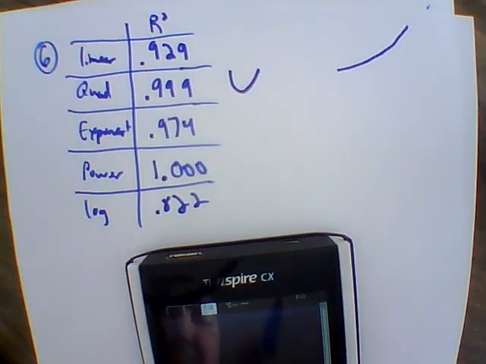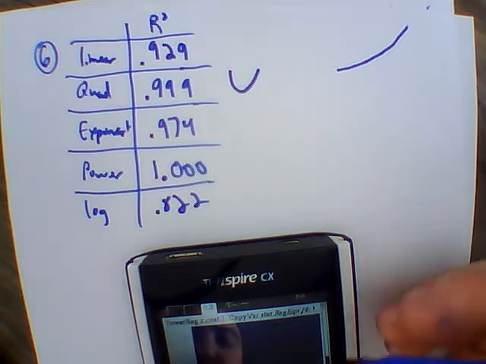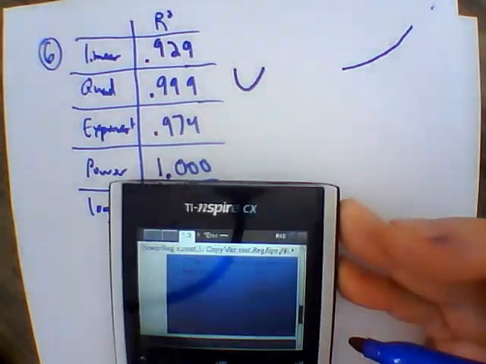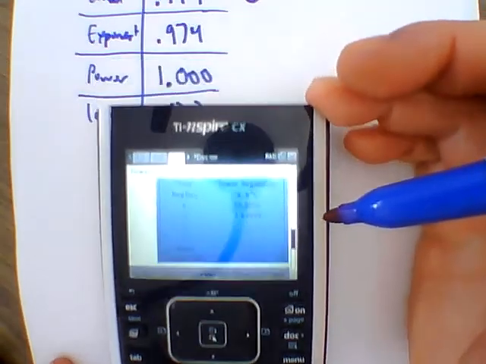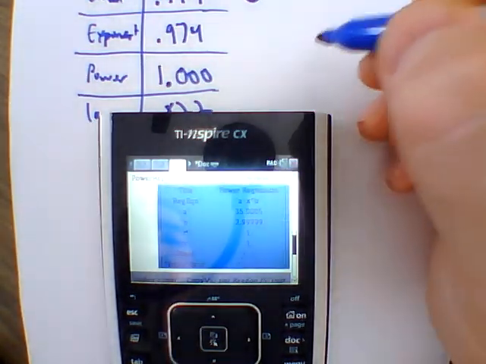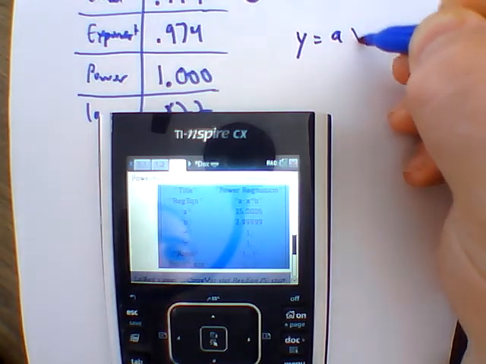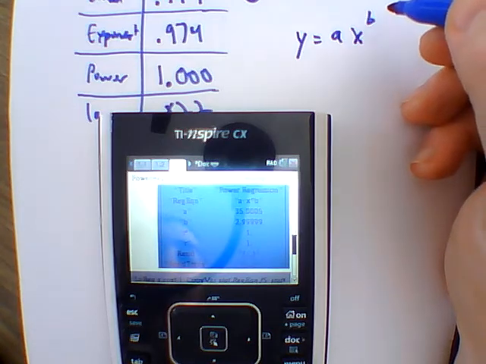So if we come back and arrow back up and find where our power regression is. Okay, so our power regression model, it's this one right here. It tells us that we have an equation that would be y equals ax to the b power.